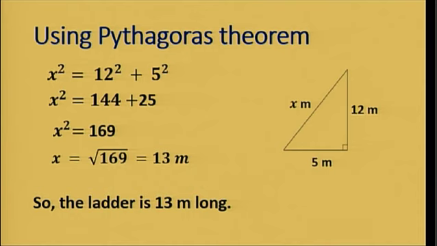So x squared equals 169. And x will be the square root of 169, that is 13 meters. So the length of the ladder will be 13 meters.